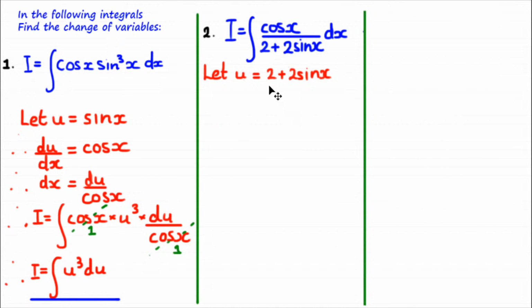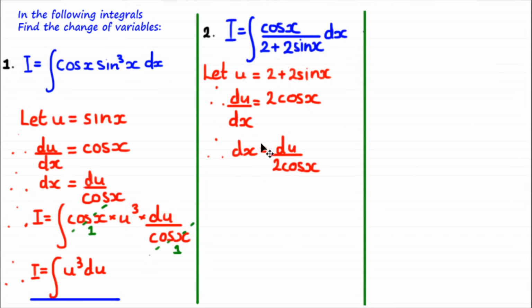Okay, so let's have a look at this. As always, we have our function u. We've got u is equal to 2 plus 2 sine x. So we need to take the derivative with respect to x, and we get 2 cos x. We then need to rearrange to make dx the subject of the equation. And then we need to substitute this together with our u term to get this integrand, okay?